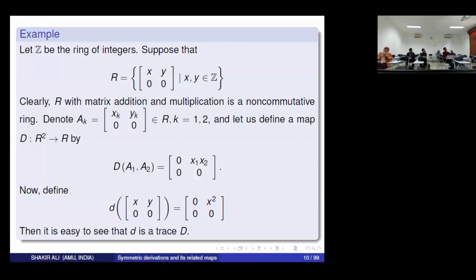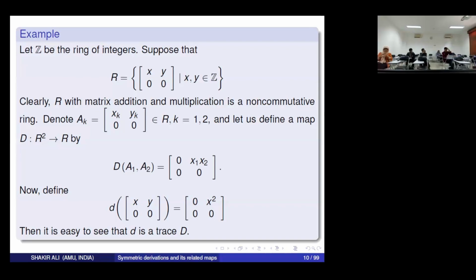And if it is non-commutative, take this, denote it A, K of this type. And define D from R cross R. And then you check D is this, with small d of this type.